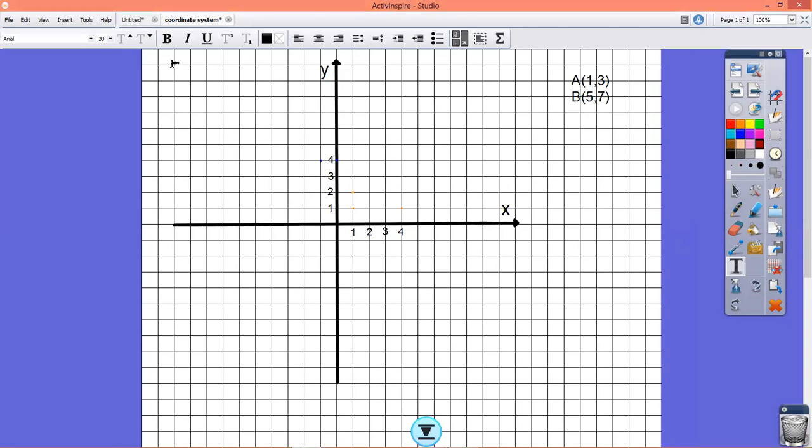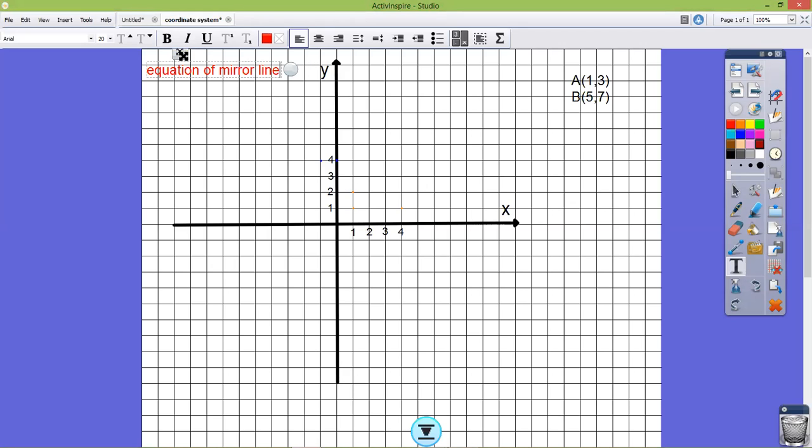Let's write here: equation of mirror line.